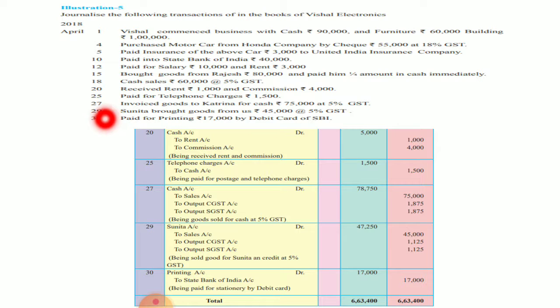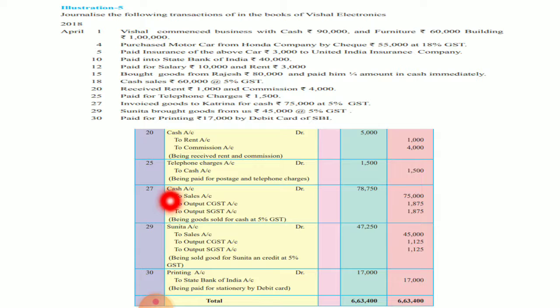Okay, next is on April 27, invoice goods to Katrina for cash rupees 75,000 at 5% GST. So we have calculated GST, so it is coming around 8,750. So our CGST is 1,875 and SGST is 1,875.